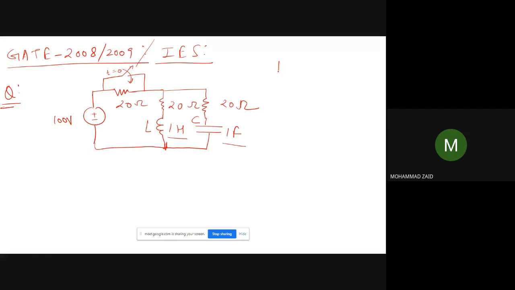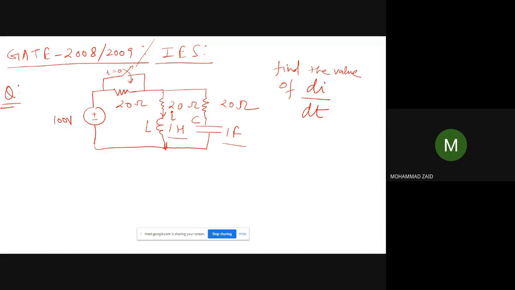Now find the value of di by dt, where I is the current which is flowing in this branch of inductance and resistance.